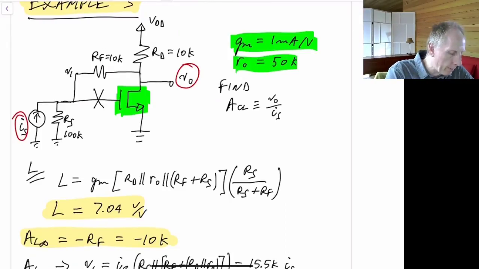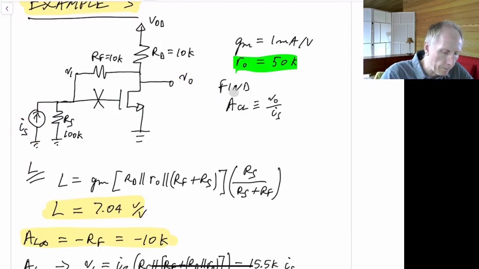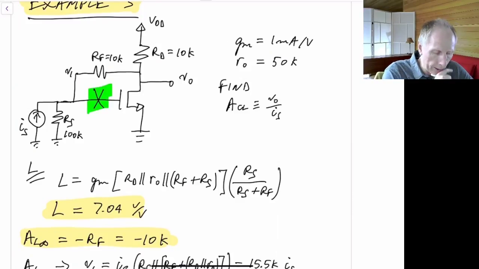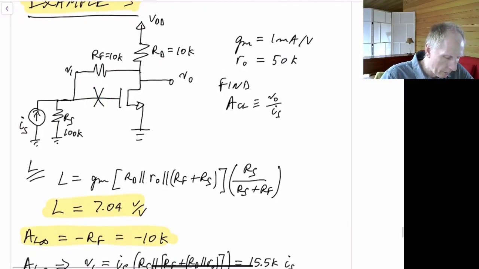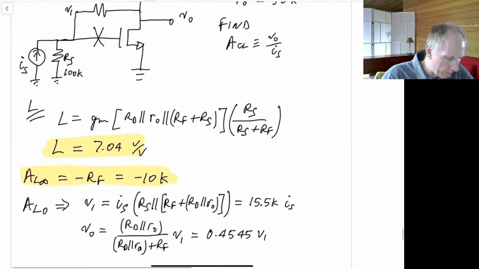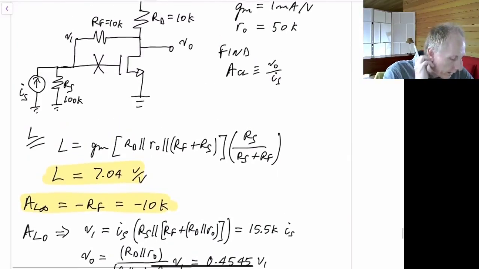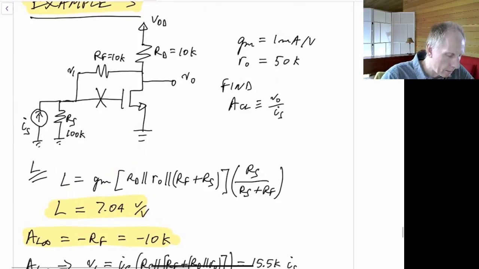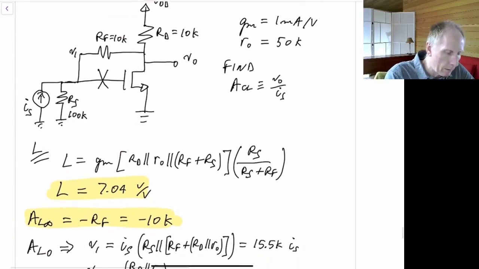So we'll have an independent current input coming into this circuit. And once again, we're going to break it at this node right here. In this case, the impedance looking into the gate of the transistor is infinity.